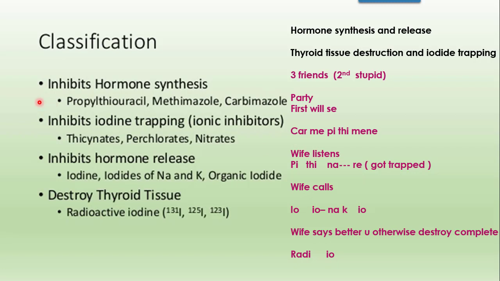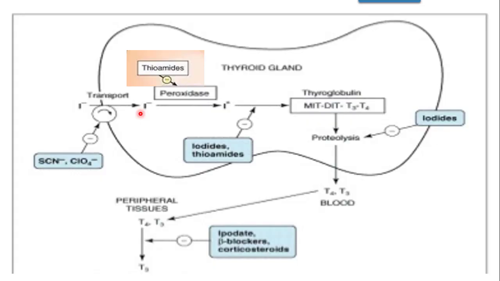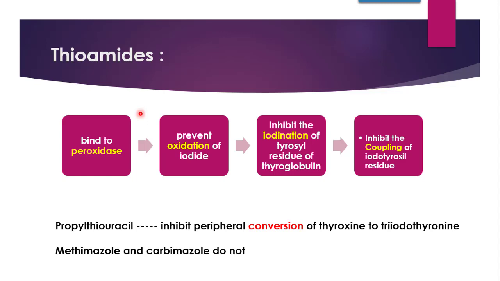Now according to the classification, the first, which inhibits the hormone synthesis, are also called thioamides, which include methimazole, carbimazole and propylthiouracil. Coming to the first class, thioamides, the first point is they will bind to the peroxidase enzyme, and by binding to the peroxidase enzyme they will prevent the oxidation of iodide to iodine, and preventing the iodination of tyrosine residue of thyroglobulin, and they are also responsible for inhibiting the coupling of iodotyrosyl residue.